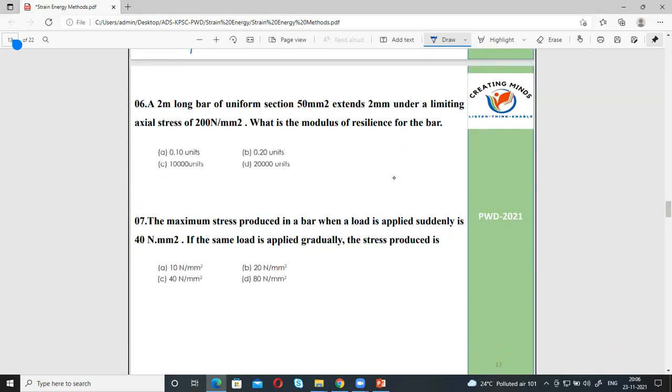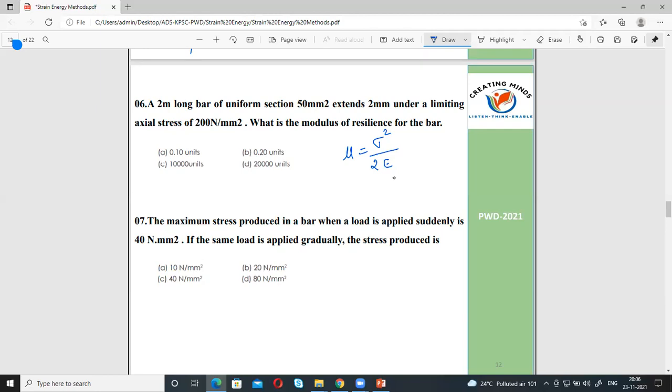A 2 meter long bar of uniform section 50 mm square extends 2 mm under a limiting axial stress of 200. What is the modulus of resilience of the bar? What is the equation for modulus of resilience? Tau squared by 4G is for shear. Sigma square by 2E, because it's axial loading.